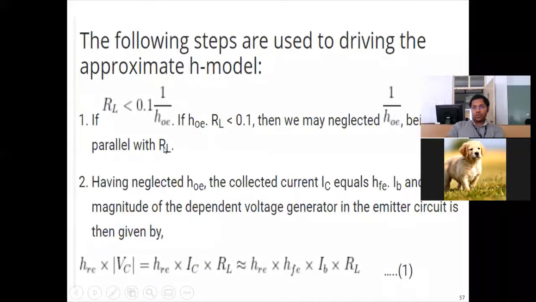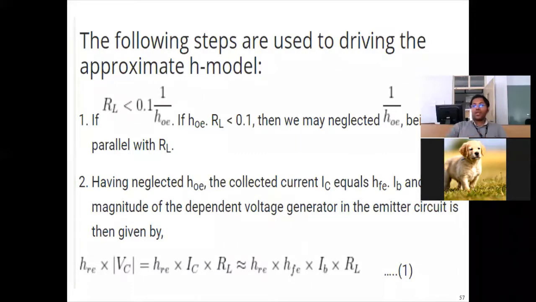Okay. So here, when I say much less, I will say 10 times less than 10 times. So what I am doing is dividing by h_oe by 10 or multiplying by 0.1, both are the same, isn't it? x by 10 is equal to 0.1 into x.